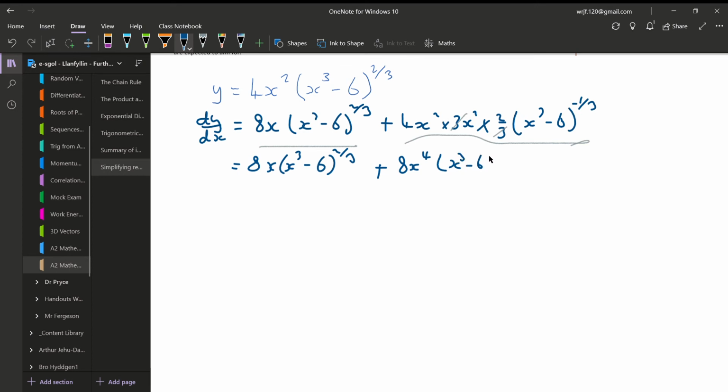Minus 6 to the power of minus a third. And so now I'm looking at these two terms and I'm noticing that there are things that they've got in common. So for example, both terms, I thought that was a highlighter.